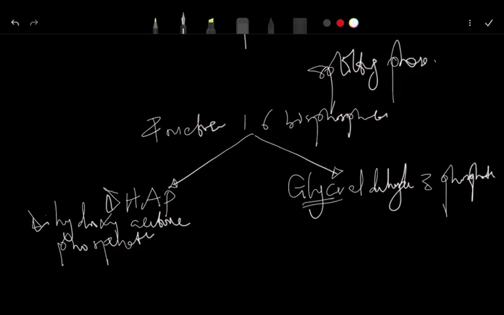Now we've split it. Now the idea is that, majority of the time, dihydroxyacetone phosphate will be converted back to what? To glyceraldehyde 3-phosphate. The only time you will have more of dihydroxyacetone phosphate is during starvation, whereby we want to form more ketone bodies.